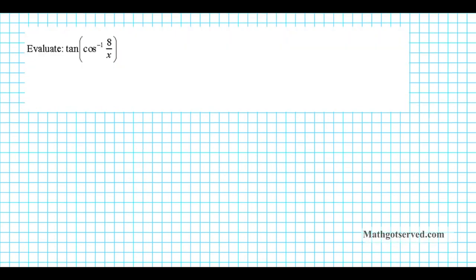Alright, let's take a look at the last one, question number 8. We're to evaluate tan of the inverse cosine of 8 over x. Okay, so we can look at this argument of our tan function as an angle theta. So let's say theta is equal to the inverse cosine of 8 over x.